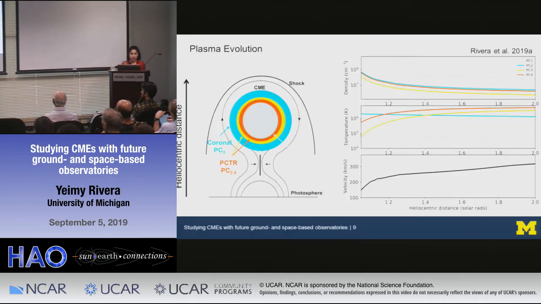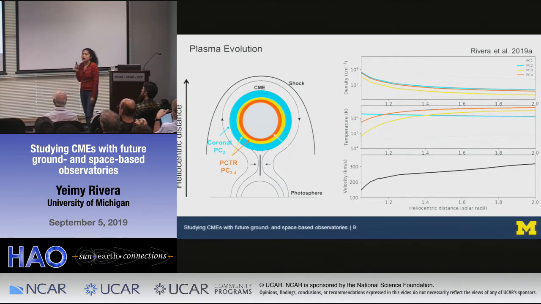Like I mentioned, we took the evolution, the density, temperature, and velocity profiles from a previous paper. Here, the different components that were included in that study contain prominence material that's very, very dense and relatively cooler than the other components. There's also 2 prominence to coronal transition region profiles, different plasma components in the red and the yellow.